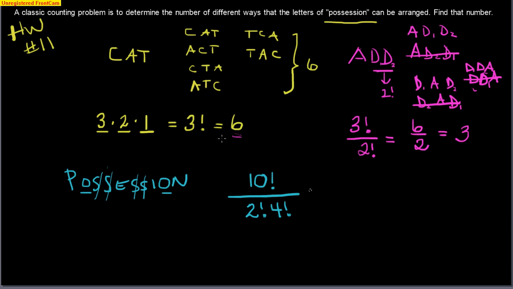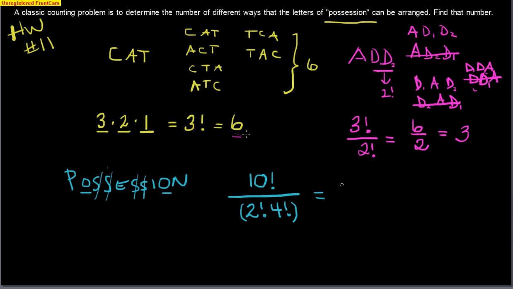Yes. Okay. Now, the rest you can just do on your calculator. Just be careful. When you plug this into your calculator, be sure to put parentheses around this bottom. Without it, if you hit 10 factorial divided by 2 factorial times 4 factorial, your calculator won't realize that it's being divided. It'll bring that 4 factorial up. So just to avoid that, you can put the parentheses around there.